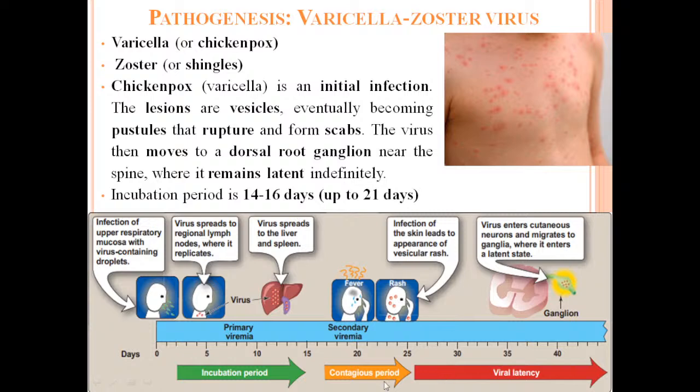And then after the contagious period, there is a viral latency period, when virus enters cutaneous neurons and migrates to ganglia, where it enters a latent state. I have said that the virus survives in the dorsal root ganglion near the spine, where it remains latent for all life.